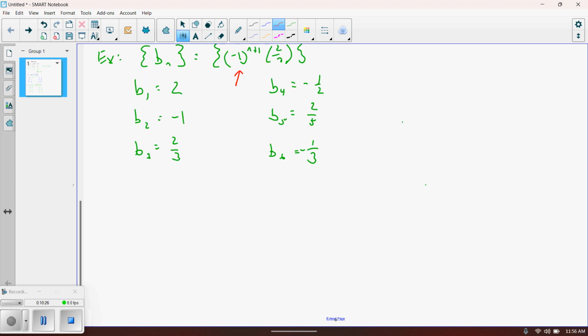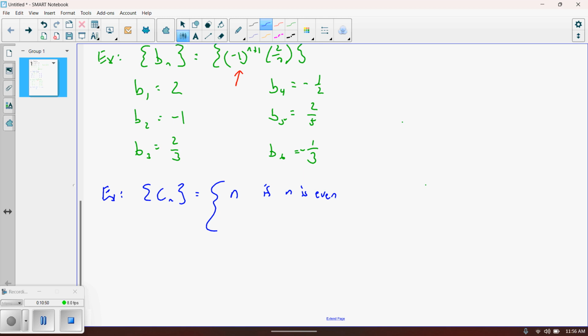All right, let's take a look at another example, which is written just slightly different, which is what makes it interesting. So here we're going to have a C sub n, which is defined as a piecewise. It's going to be n if n is even.